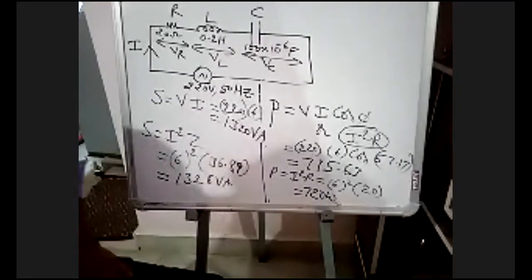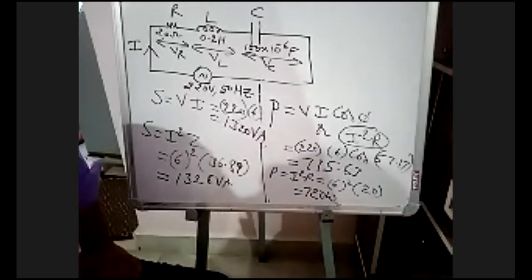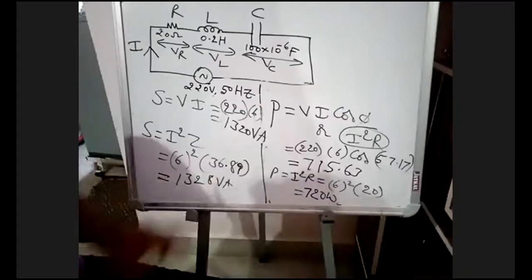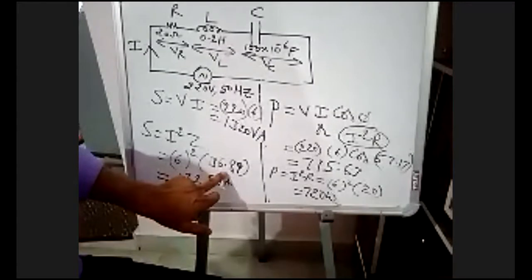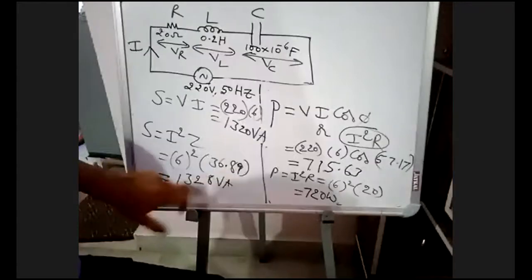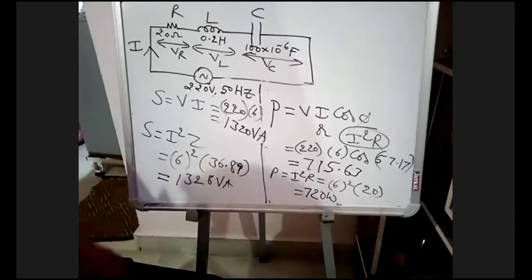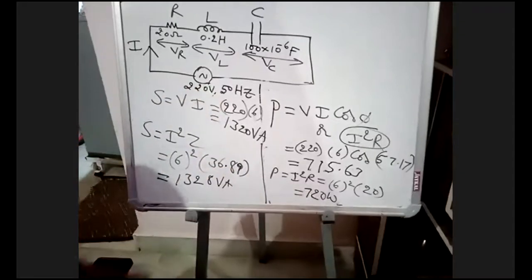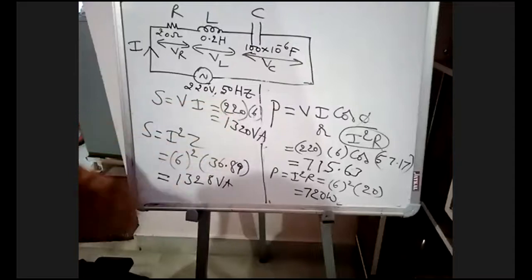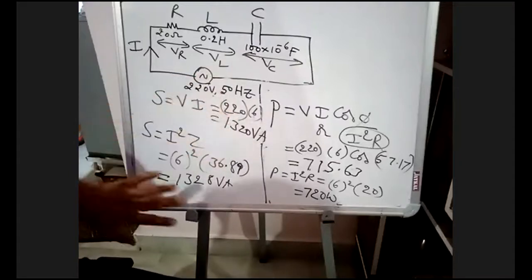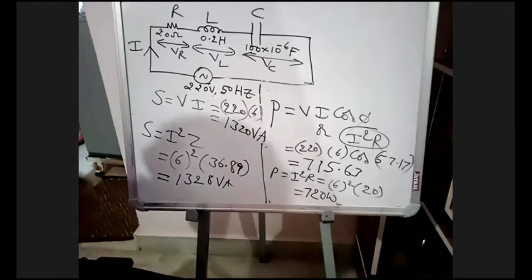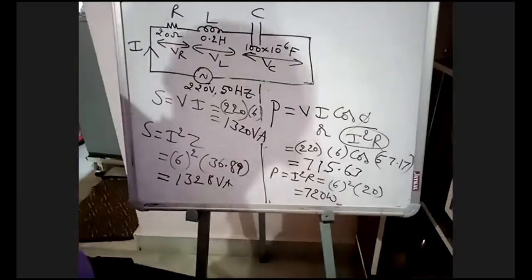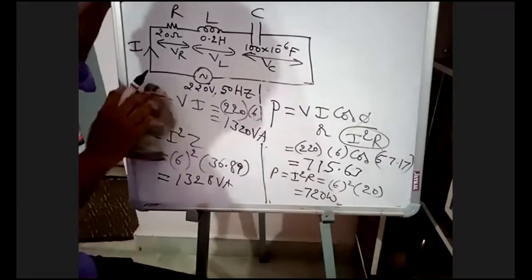If we multiply 36 into 36.7, then we get 1321.2. Actually I have to take the exact value, 36.8 there. Approximately these two should be the same. In the exam we can take any formula. Don't take both. If you are getting the approximate value, they'll give full marks. Actually you have to get the same answer because both formulas are the same.